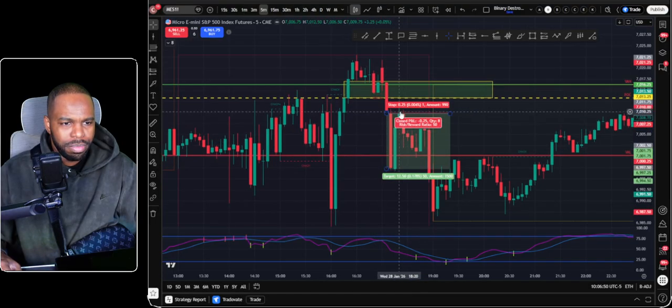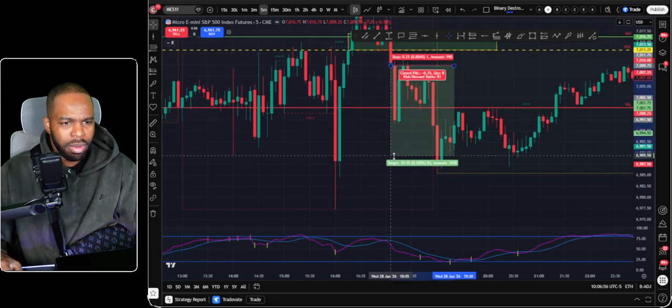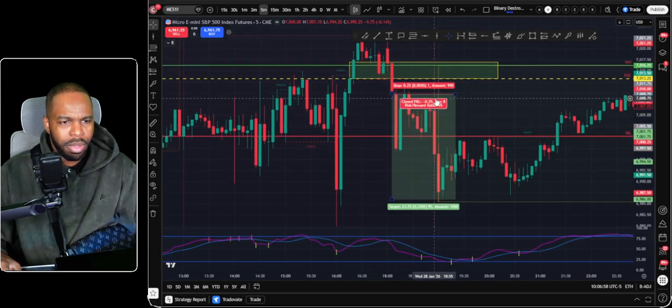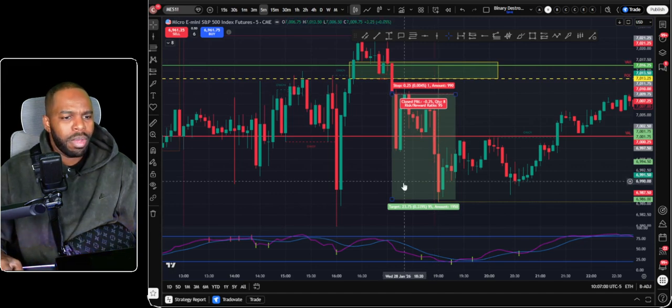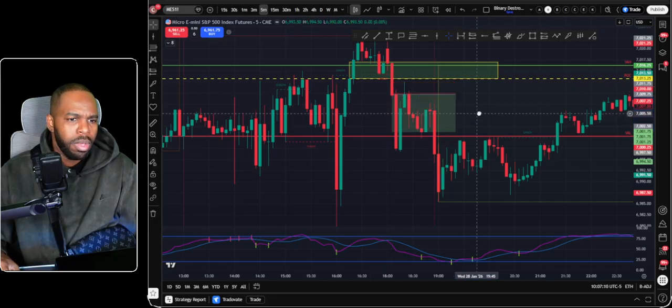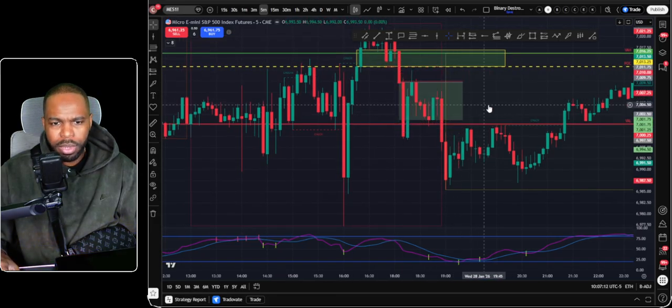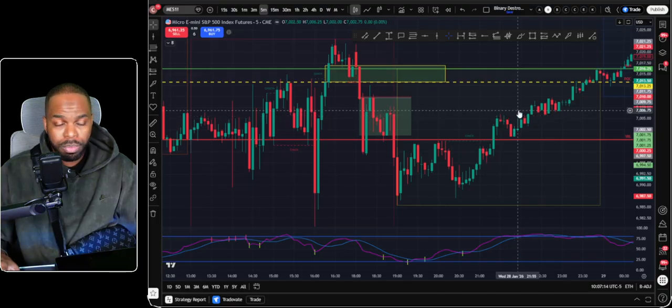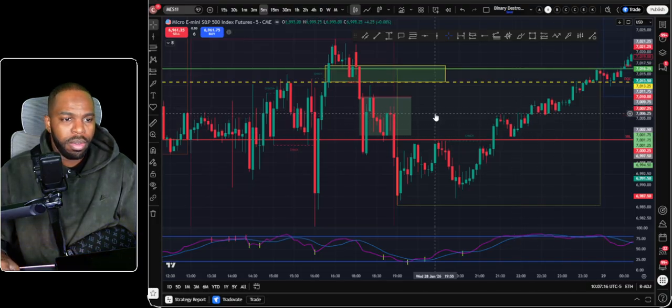Depending on how far price was down here, you could have moved your stop loss to break even, but when it's short like this, normally you're going to get stopped out. But yeah, you could have made some money here trading towards the value area low in the U.S. session.